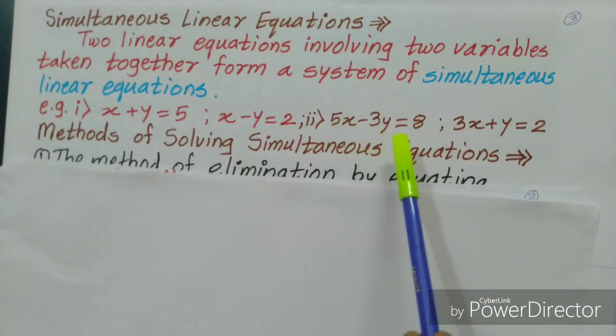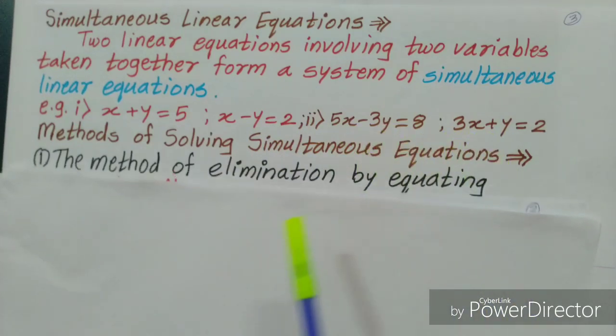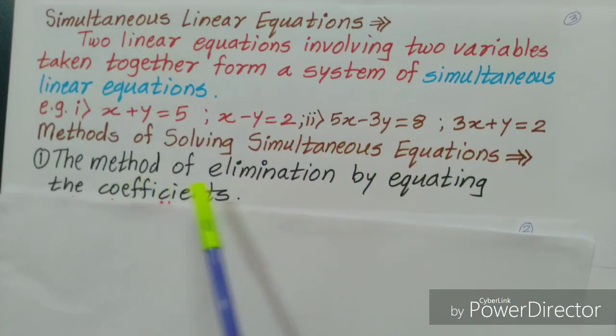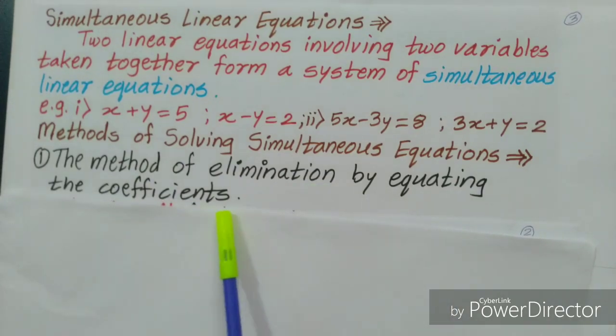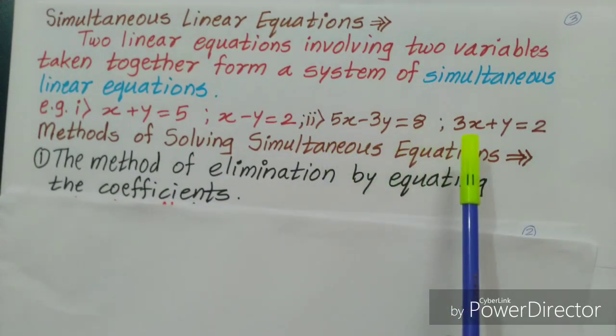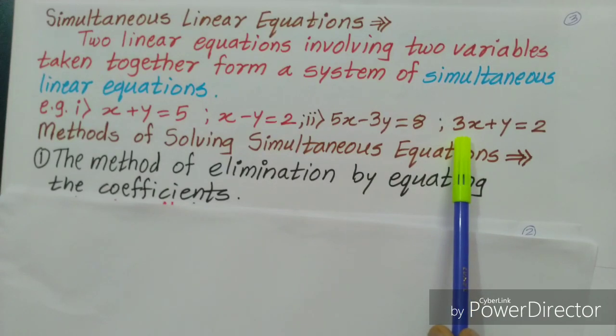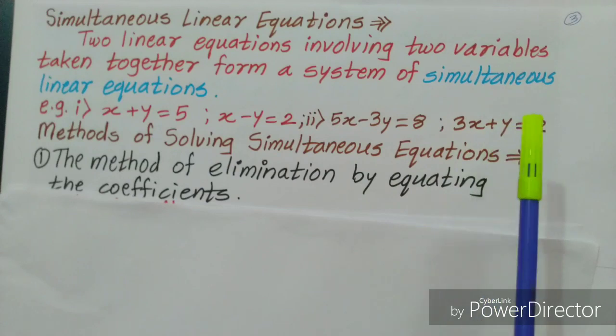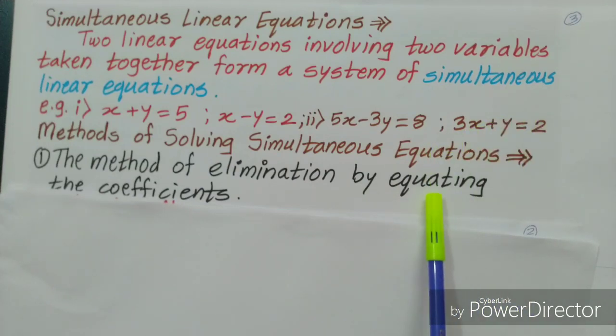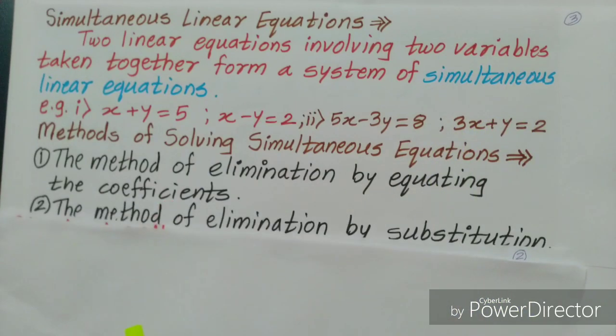Solve both equations and find the values of x and y. First method, the method of elimination by equating the coefficients. Make the coefficient of x equal or the coefficient of y equal, and solve to find the values of x and y.